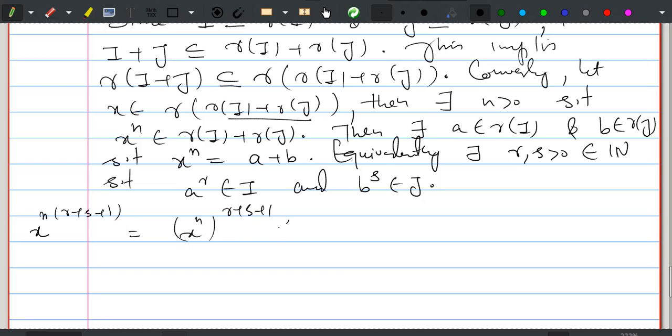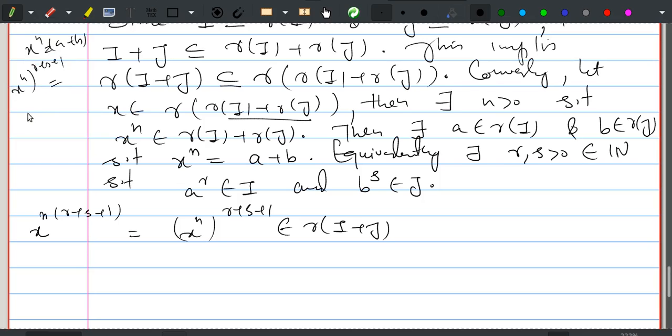So this must belong to the radical of I plus J. Because x to the power n is actually a plus b, so x to the power n power r plus s plus 1 is actually a plus b to the power r plus s plus 1.